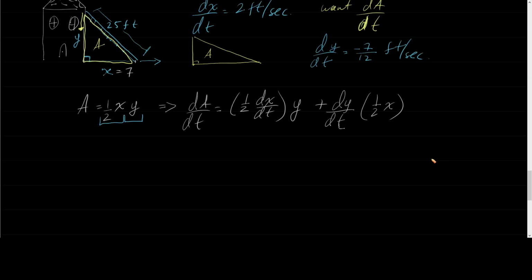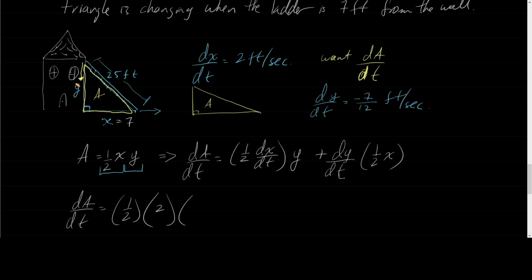So now to figure out dA/dt, plug in the stuff that we know. I have 1/2 times dx/dt. dx/dt was 2 times y. What was y? Y equals 20, not 25, 24.